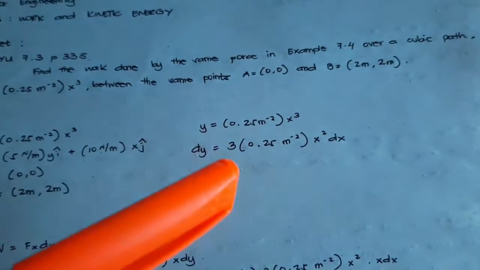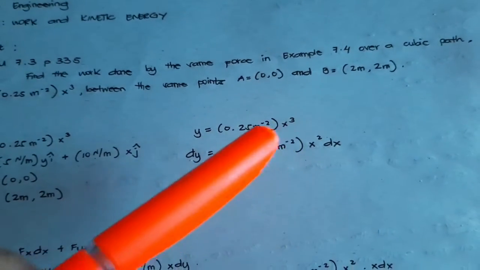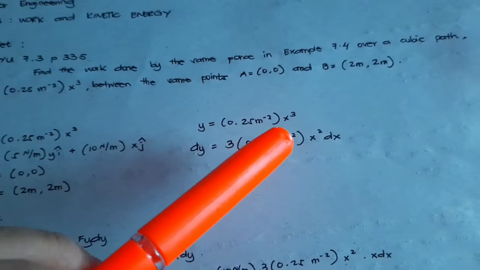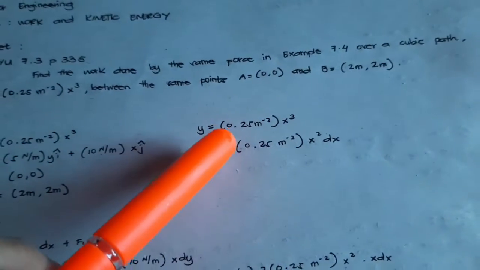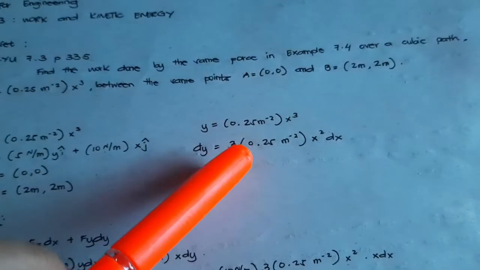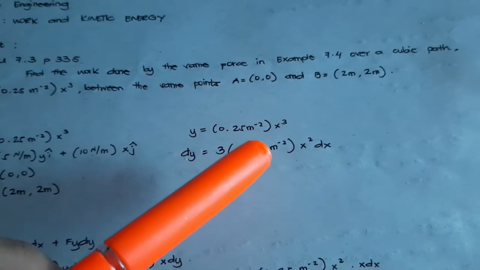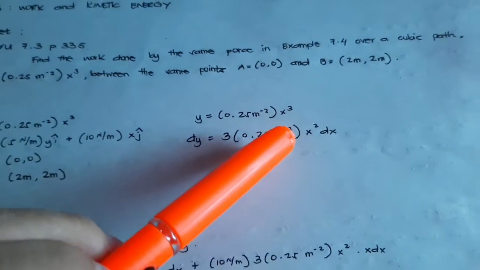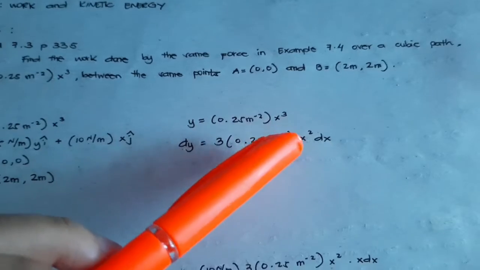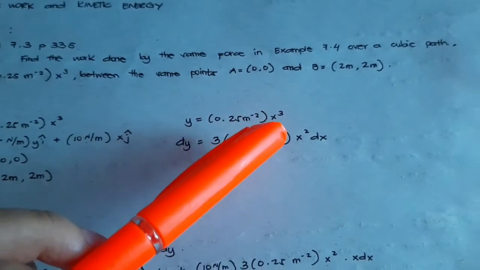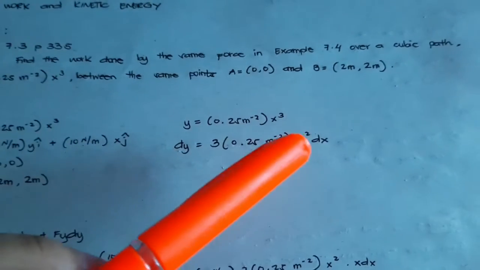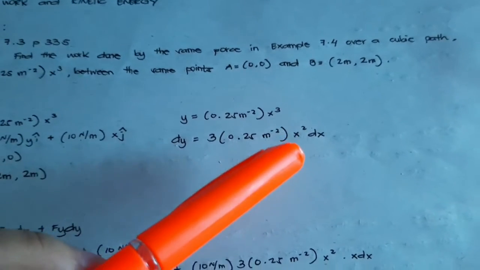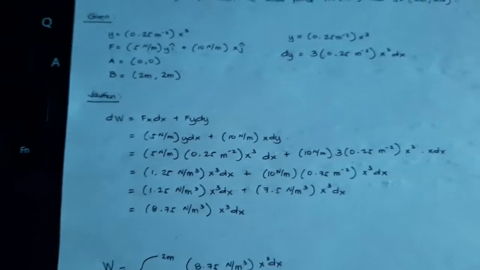We bring down the exponent 3, so it becomes 3. Then we copy 0.25 meter raised to the negative 2 power times x. The exponent becomes 2 because we subtract 1 from 3. So the exponent is now 2.